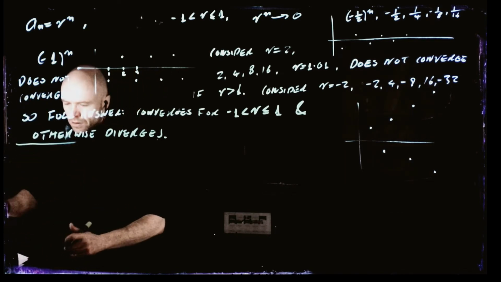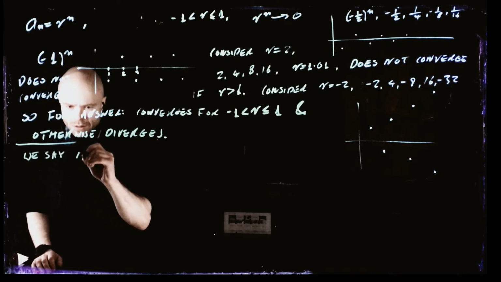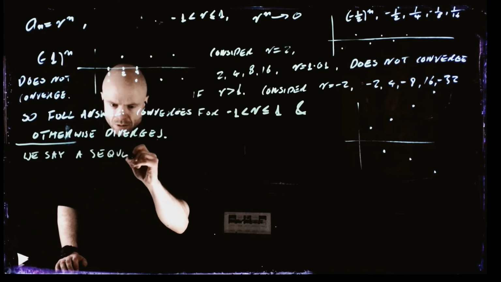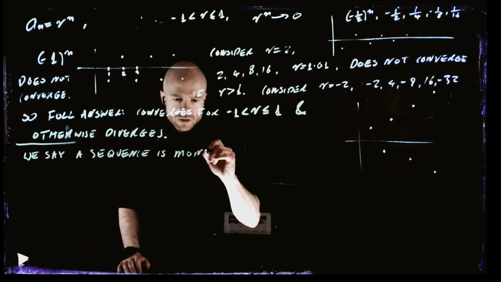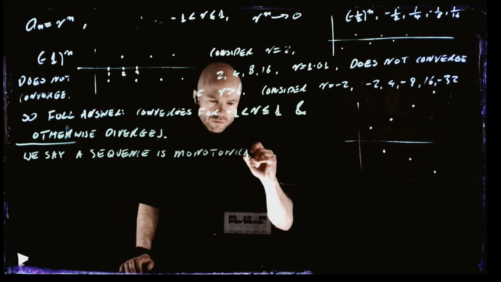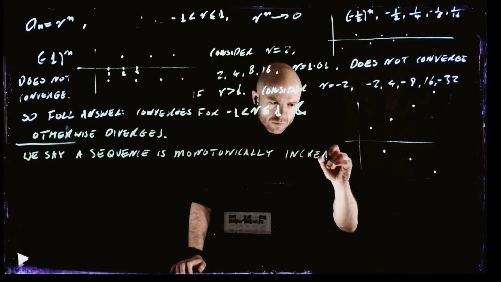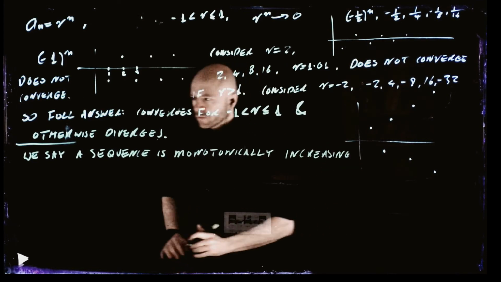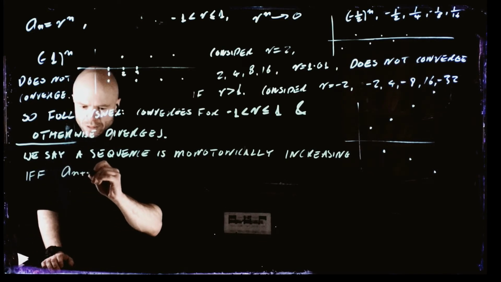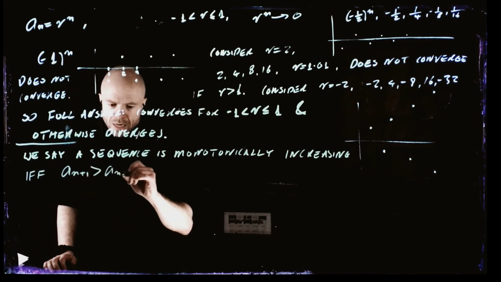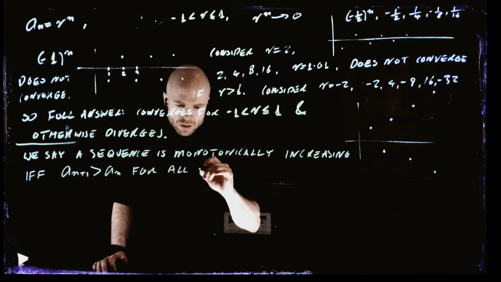We say a sequence a_n is monotonically increasing if and only if a_{n+1} is bigger than a_n for all n.